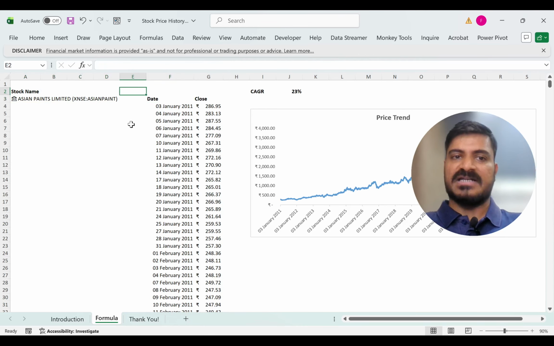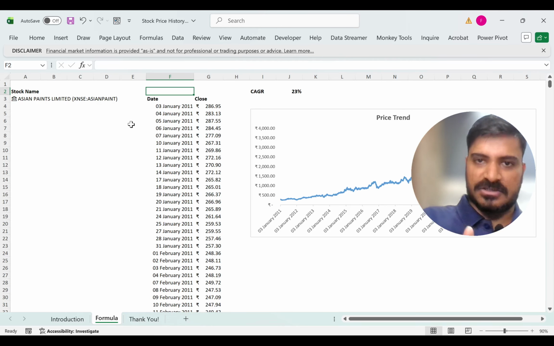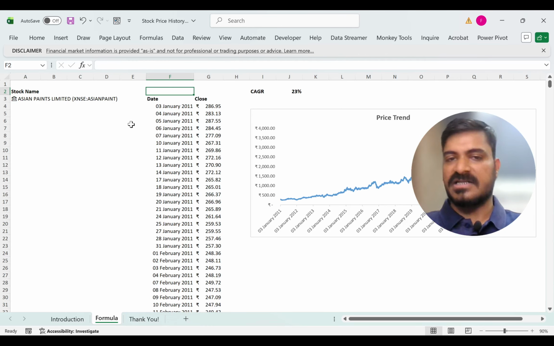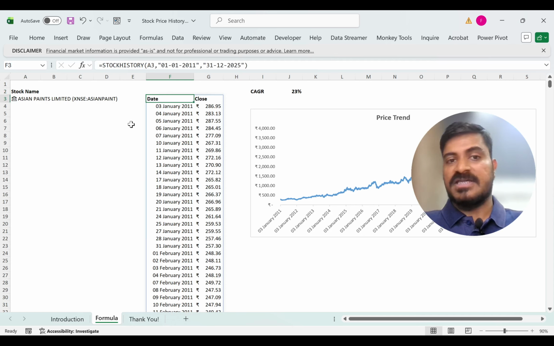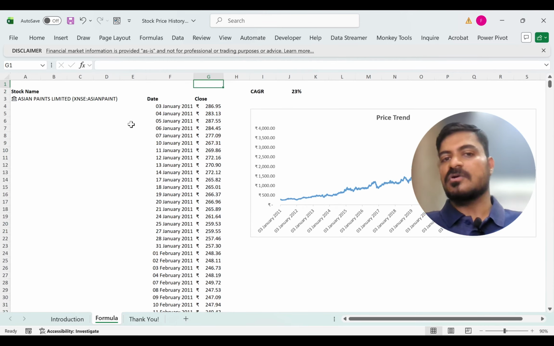Even when you're asking for the data, you won't get the entire data in one shot. You would get chunks of data due to multiple compliance reasons. But with this stock history function, you get that by typing in a single row, and you get the data spilled over to whatever volume you are wishing for.